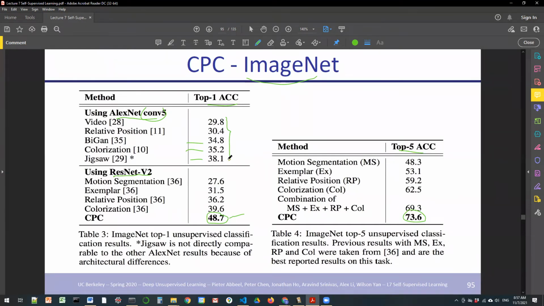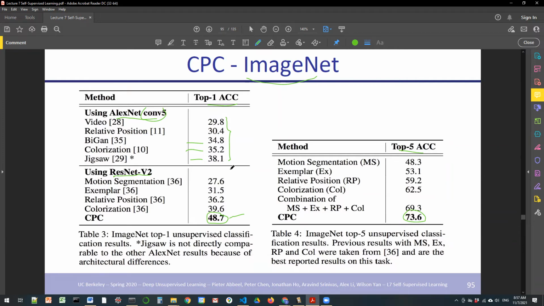And you can see that there's a significant jump with CPC compared to even Jigsaw and colorization, which, at least at that time, were state of the art with respect to what was being learned in self-supervised learning.